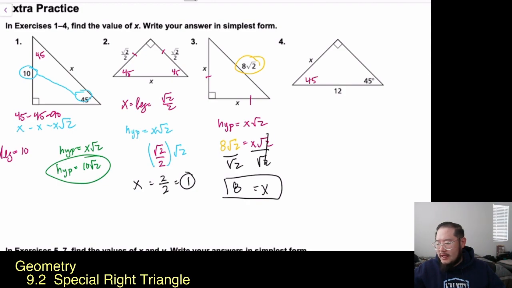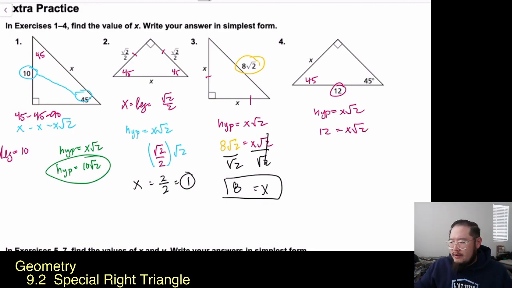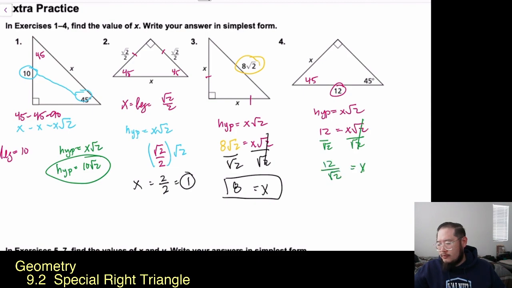And then since they gave us the hypotenuse, we'll use this equation, and I'll plug in 12 for the hypotenuse. Okay. Now this time we've got to divide both sides by rad 2. And so x is equal to 12 over rad 2.